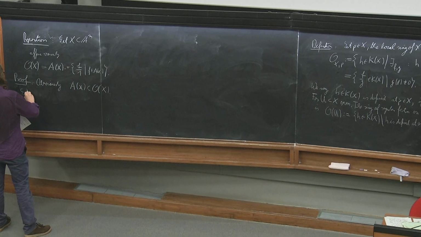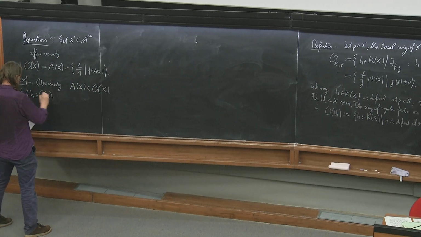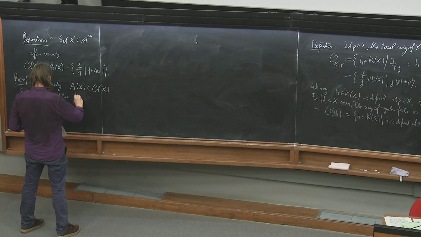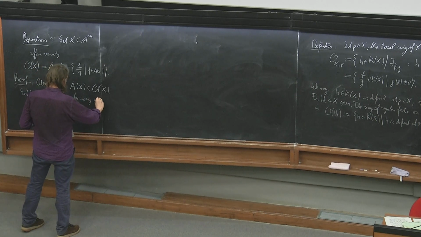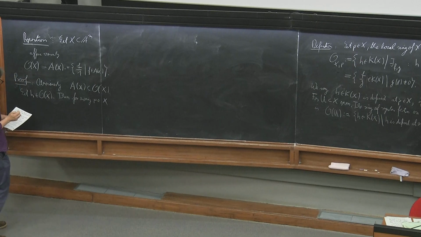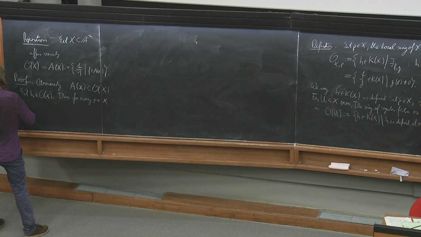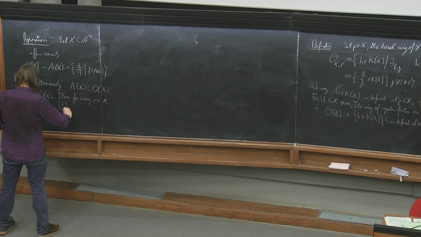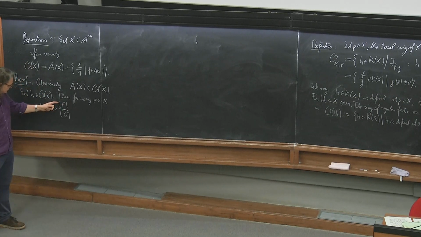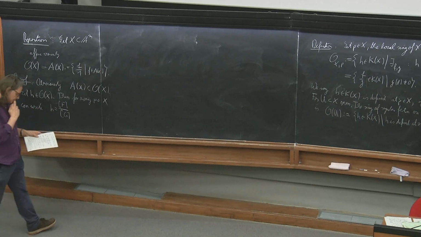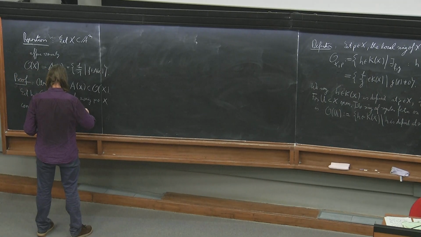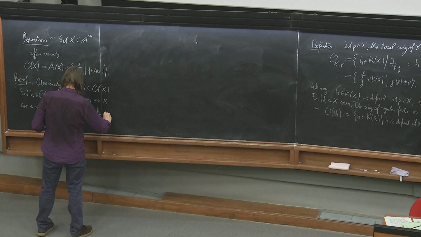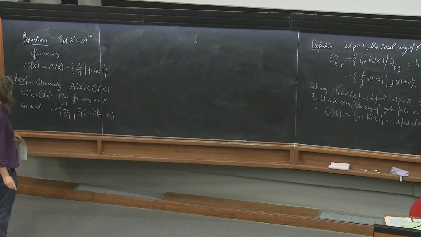So let H be an element of O of X. That means for every point P in X, we can write H equal to the class of F divided by the class of G, where these brackets mean the class in A of X, F and G are polynomials, and G of P is non-zero.